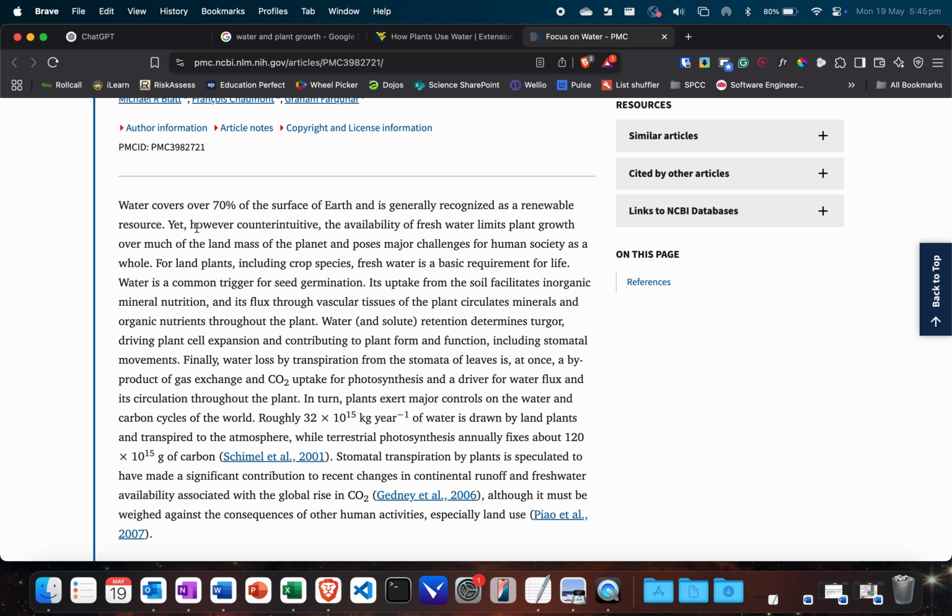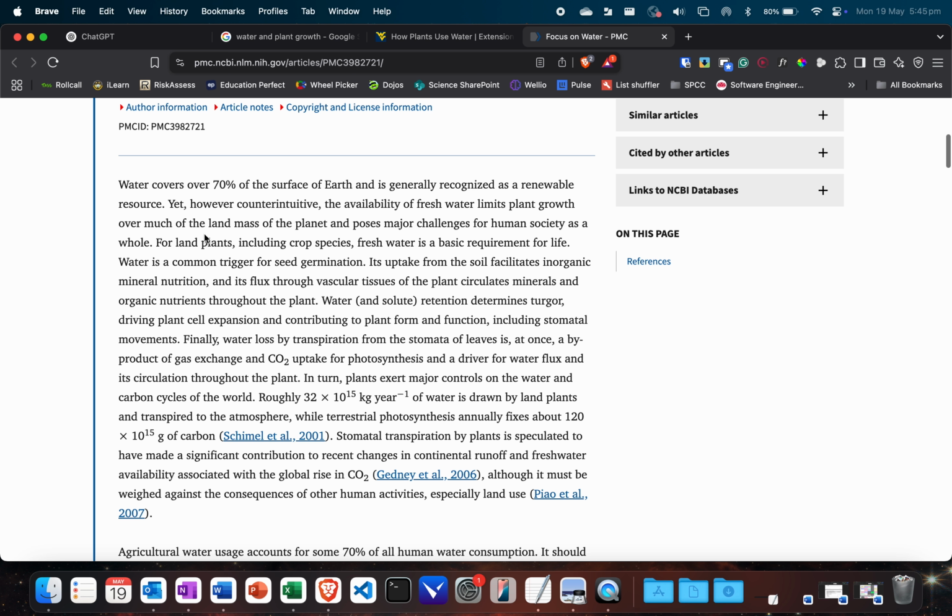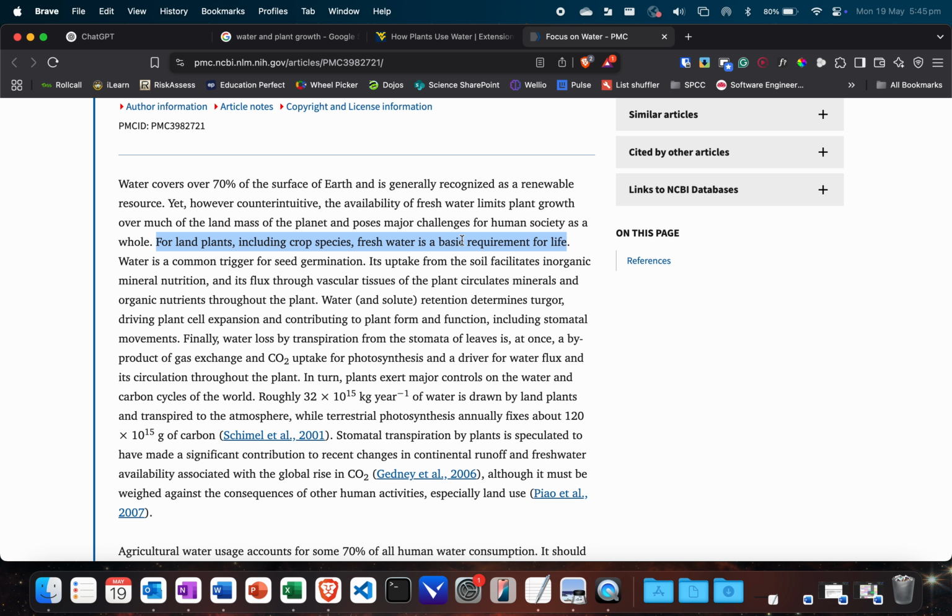Okay, so water covers 70% of the surface of the Earth. Okay, well, that's not super helpful for what I'm talking about. It's a renewable resource. Again, not super relevant to what I'm researching. Here we go. For land plants, including crop species, fresh water is a basic requirement for life.